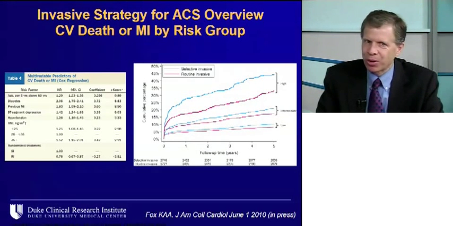So it's a very important independent predictor of risk in this population looking at 5-year outcome following acute coronary syndrome. And then you see a pattern that's not surprising, that it's the highest risk population that got the greatest absolute benefit from the use of an early invasive strategy. So this argues that diabetes should be taken into account when deciding how aggressive to be with an early invasive strategy, but that it's one factor in many.